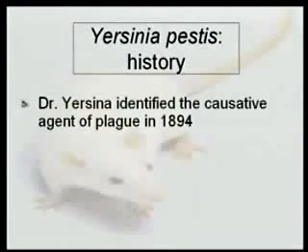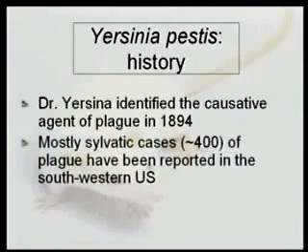Historically, it was discovered in 1894 by Dr. Yersin. That's why the name Yersinia. Most cases are sylvatic. There's sylvatic plague, and there's bubonic plague. Bubonic plague is in humans, whereas sylvatic refers to the animals. About 400 cases have been reported in the southwestern United States, almost every year in that number.